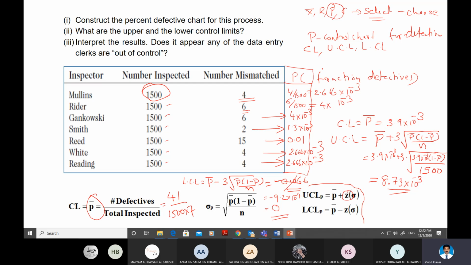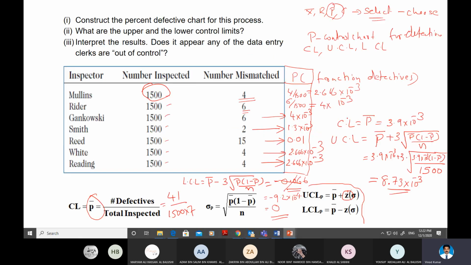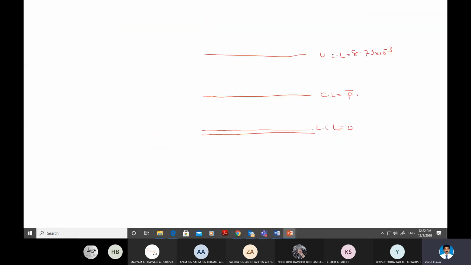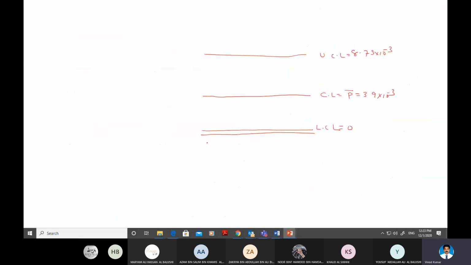Let us write the value of the upper control limit: 8.73 times 10 to the power minus 3. P bar is equal to 3.9 times 10 to the power minus 3. How many samples do we have? 1, 2, 3, 4, 5, 6, 7. So I will put sample number here.